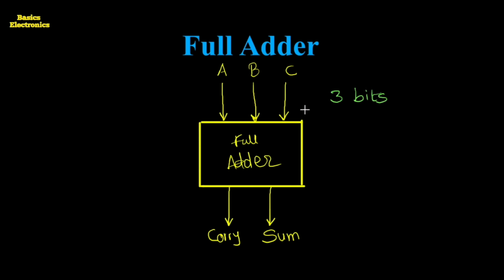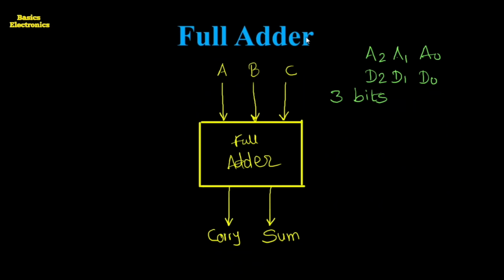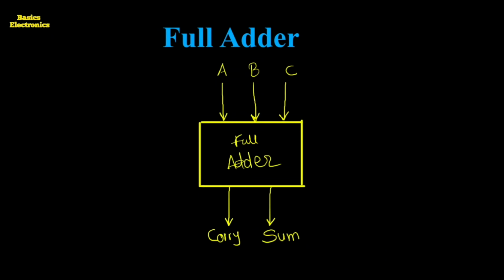Instead of A, B, C, you can consider them as A2, A1 and A0, or you can use D2, D1 and D0, like that. But here I am going to consider the three binary bits as A, B and C, and the outputs are sum and the carry.